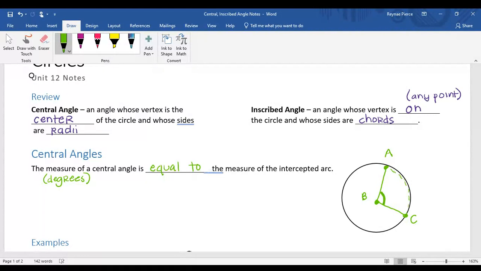So if I'm going to write that as a math sentence, the measure of angle ABC is equal to the measure of arc AC. Say if angle B was 105 degrees, the measure of arc AC would also be 105 degrees.